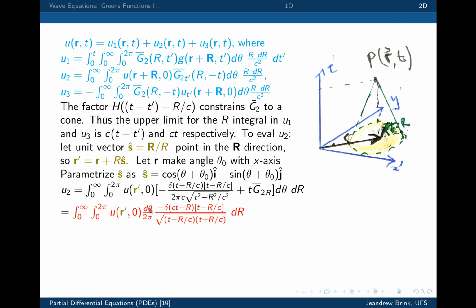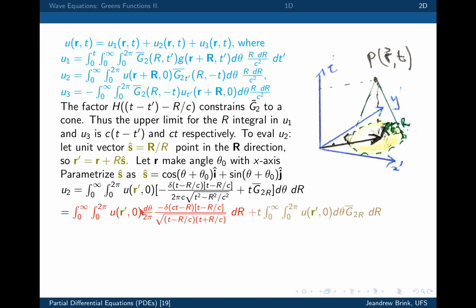So effectively this integral is dependent on r, just like when we were doing the mean value theorem. You have the same idea where you have a fixed point and you work out the average of the function in a circle around the fixed point. So this integral itself is dependent on big R, and the delta function allows you to evaluate it.